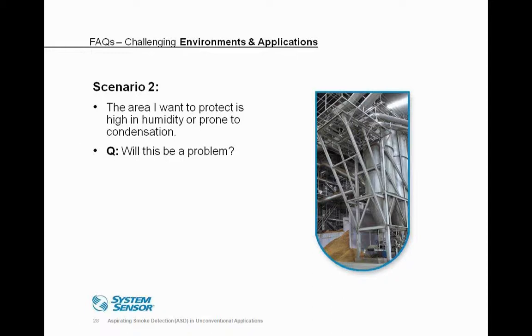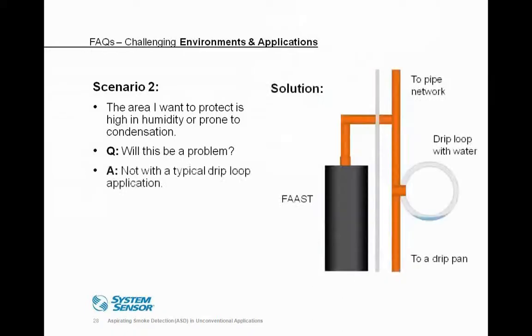With air sampling detection, you have the detector located outside of that environment, maybe even a duct detector, and then the pipe network in that high humidity, condensation environment. If there's still condensation or moisture present in the sampled air, we have recommendations on drip loops or moisture traps or water traps that you can put in line to catch that. So it is ideal for these types of applications.